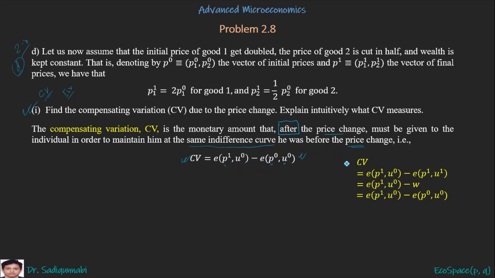The original equation was the difference between E(P0, U0), E(P1, U0), minus E(P1, U1), and we know that this one equals W, and this remains the same, so this W is also equal to E(P0, U0). So E(P1, U1) equals W equals E(P0, U0) because of compensation in wealth.